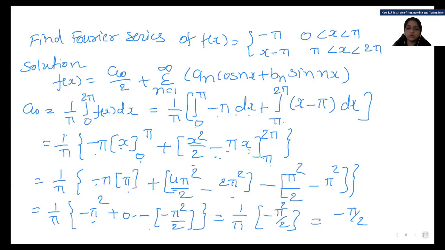Now we'll move to the value of an, right? So an is 1 by pi integral 0 to 2 pi f of x cos nx dx. So this is the formula for an.